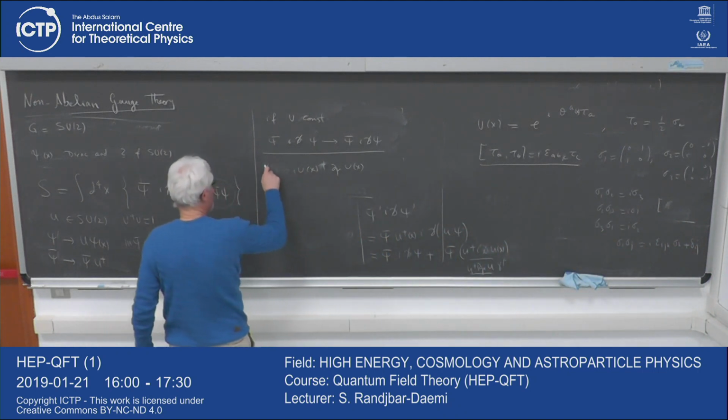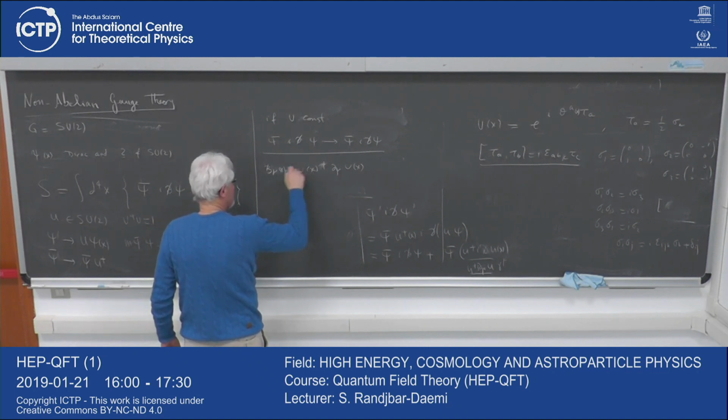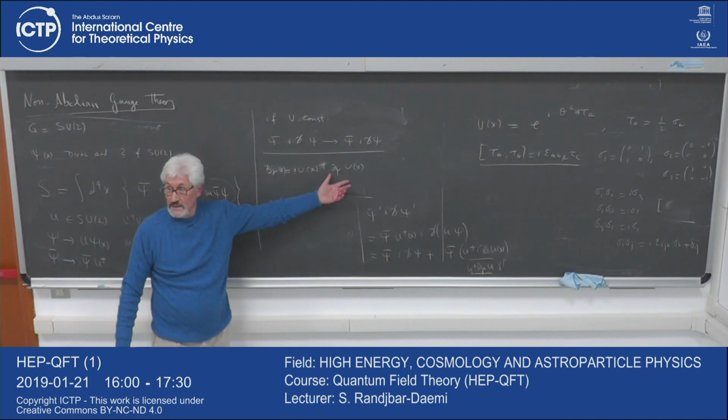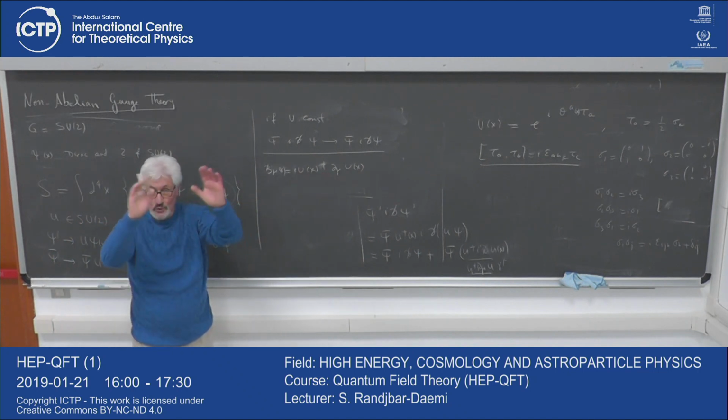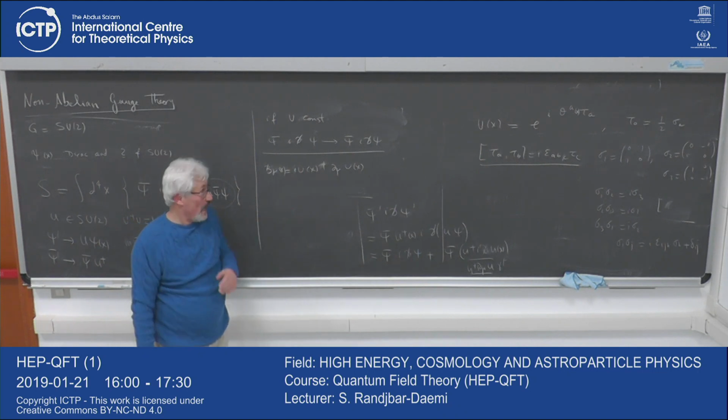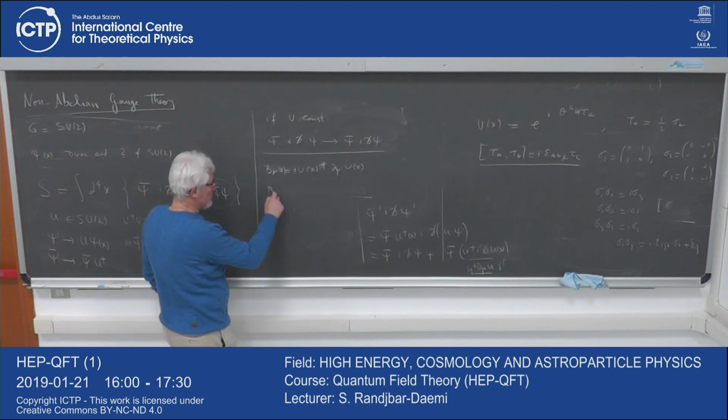Let's call this B mu. It's a vector field, but it's a matrix of vector fields, because this is a 2 by 2 matrix. This B mu is a 2 by 2 matrix of vector fields, and you can study its properties.